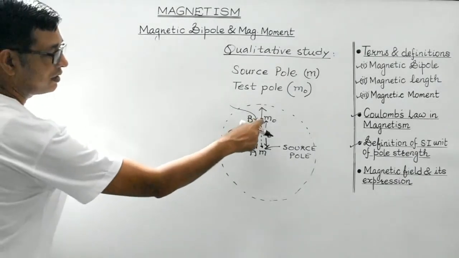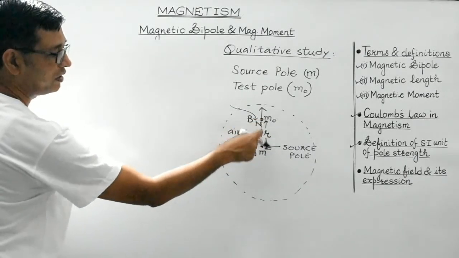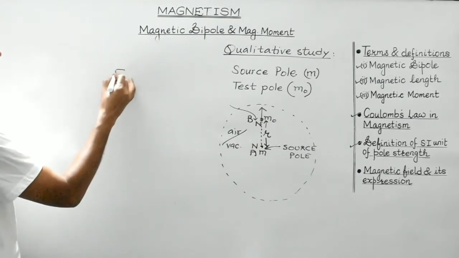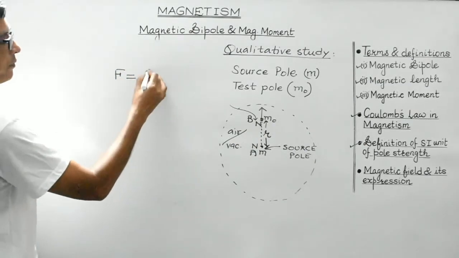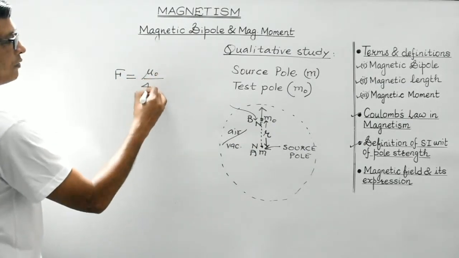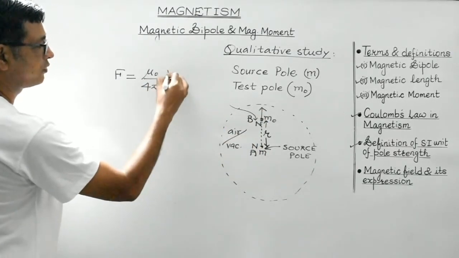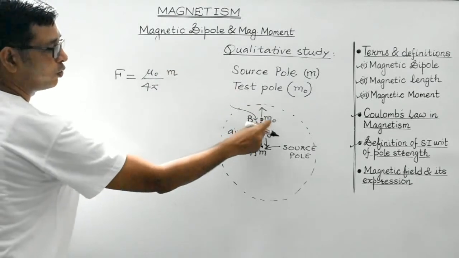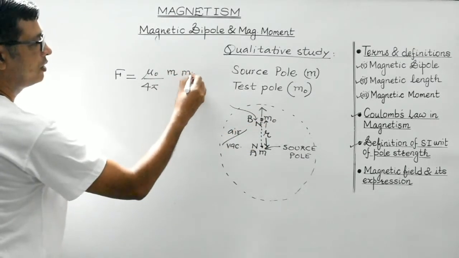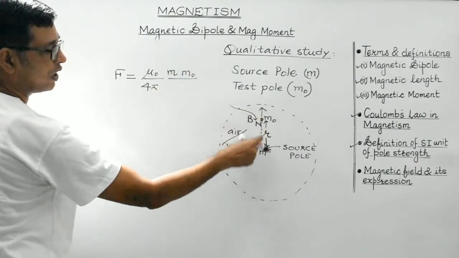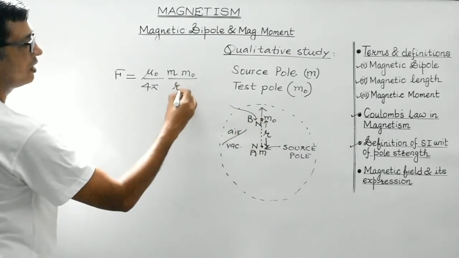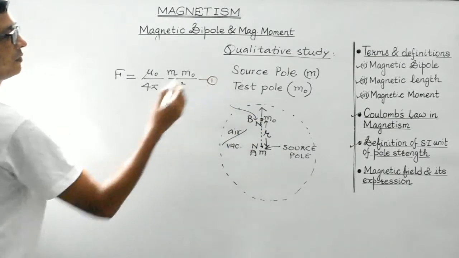So we know that the magnetic force between these two, which we have just studied, is given by mu naught over 4 pi, m1 m2. Here the pole strength of the source pole is m and the pole strength of the test pole is m naught, divided by the square of the distance between them, which is r square. We are aware of it.